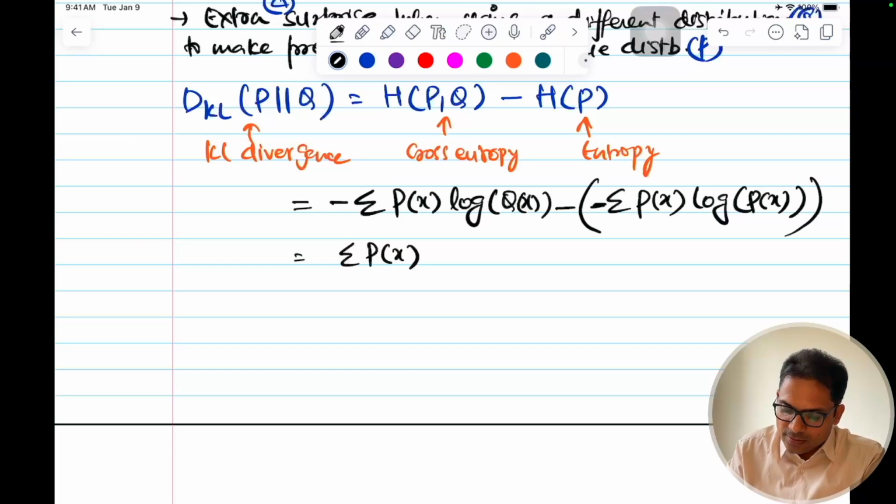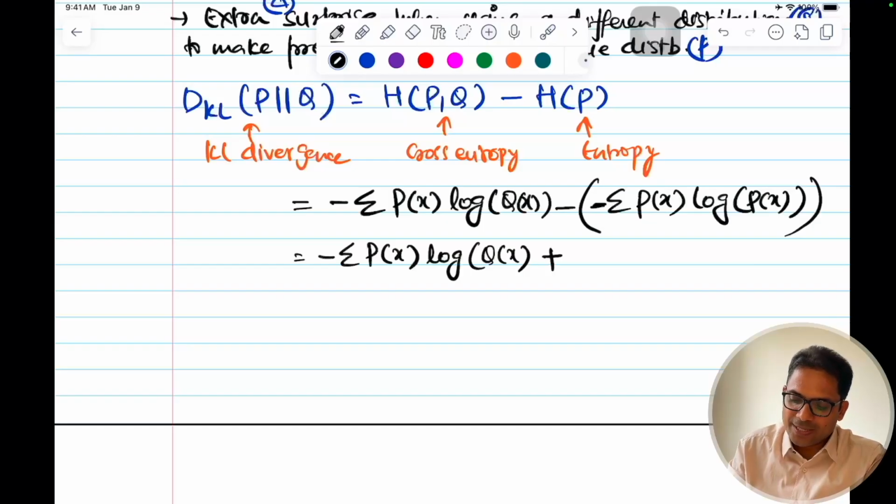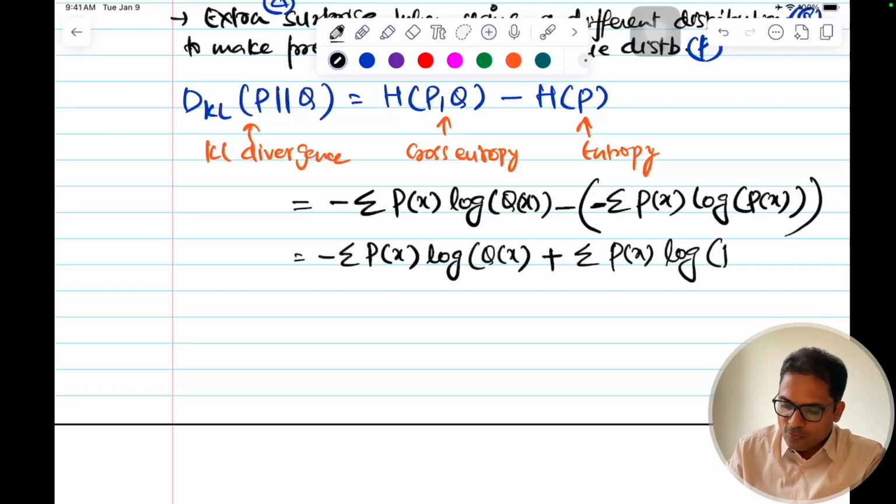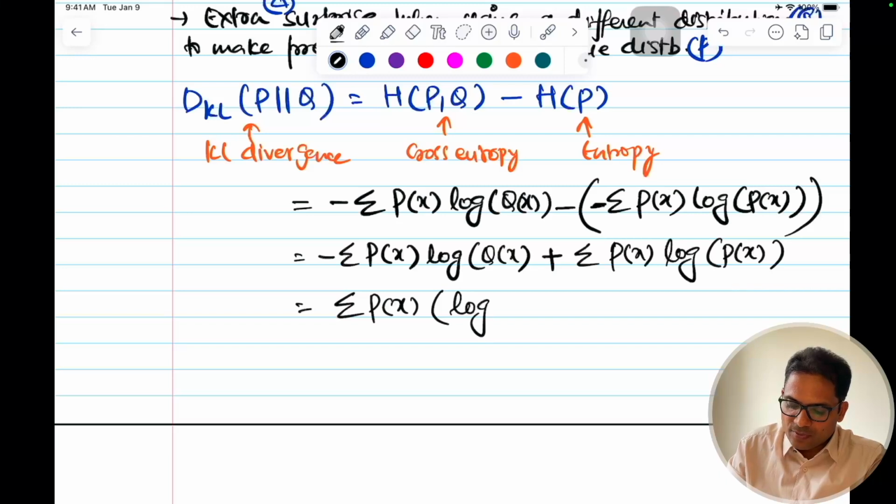I'll write it as minus P of x log of Q of x, plus, because of the inherent minus from the surprise factor, sigma P of x log of P of x. Take out sigma P of x as common, and this becomes log of P of x minus log of Q of x.